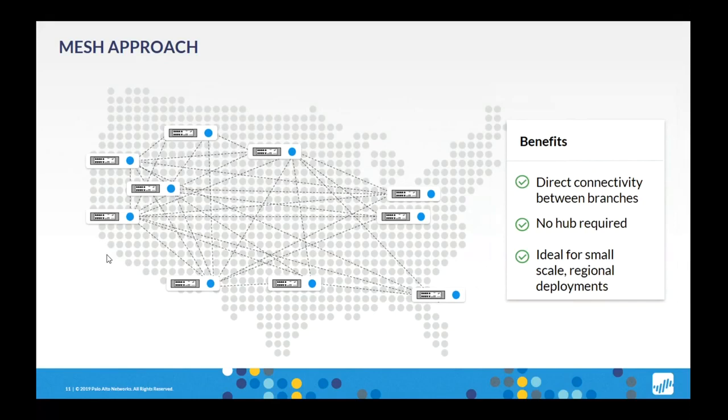The good thing is, if you don't have a headquarters, or if you are a small business where you only have branch offices or remote offices and you don't need hub connectivity, you can go for this kind of setup where you will be directly connected to each other with at least one or two links, and it is ideal for small scale regional deployment.